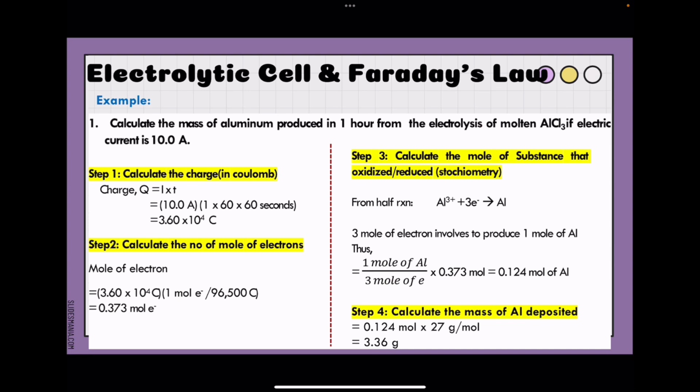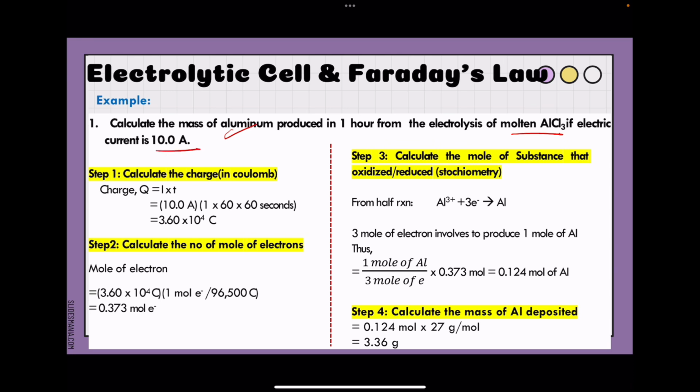Let's apply Faraday's law in an example. Suppose we want to calculate the mass of aluminium produced in 1 hour from the electrolysis of molten aluminium chloride when the current is 10 amperes.